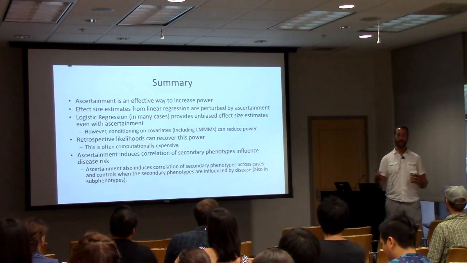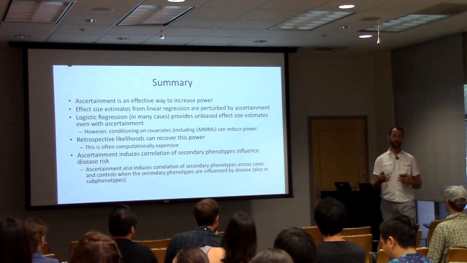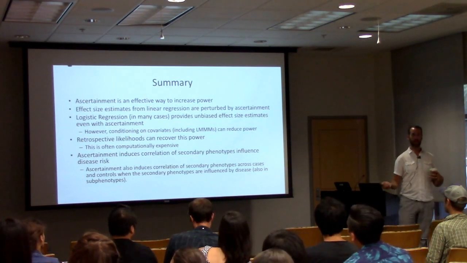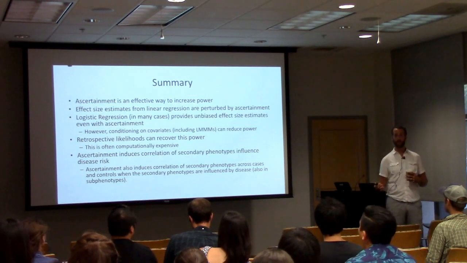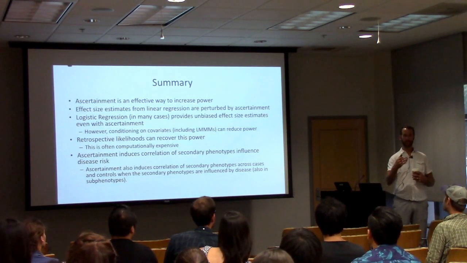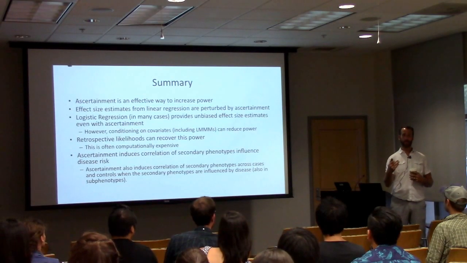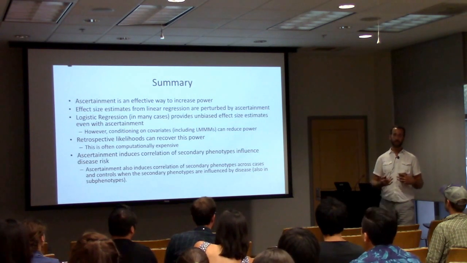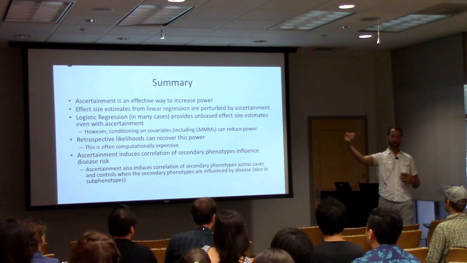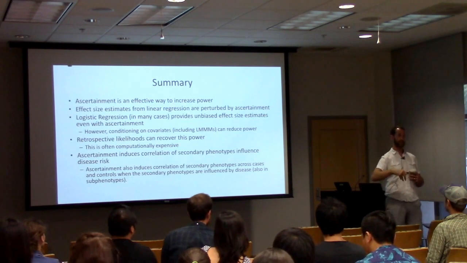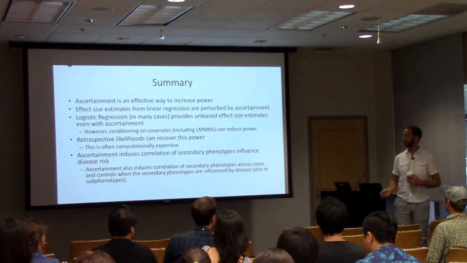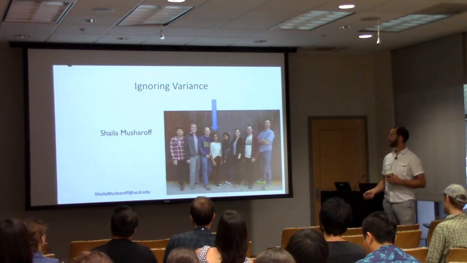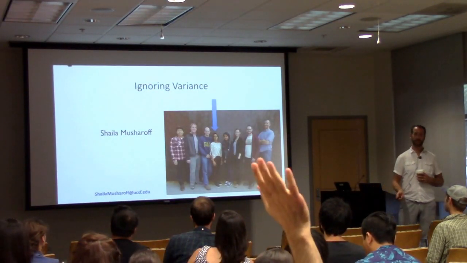But if I look at PCA or I look at correlation of pairs of things across both cases and controls, or if there's some kind of subphenotype heterogeneity, for example, there are different types of schizophrenia, where one has genes A and B affected and the other does not have genes A and B affected, these types of causal structures from the disease to the phenotypes can also induce correlation. Okay, so problems everywhere. In the next section, yeah.